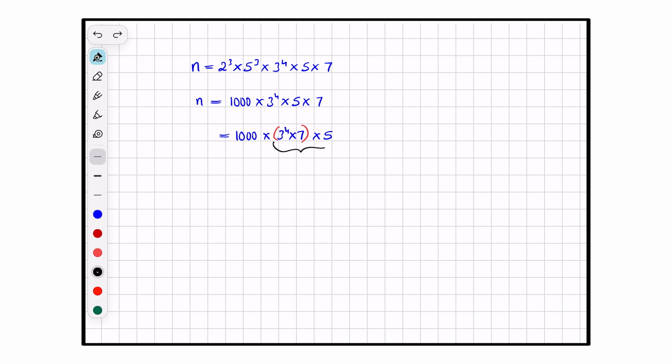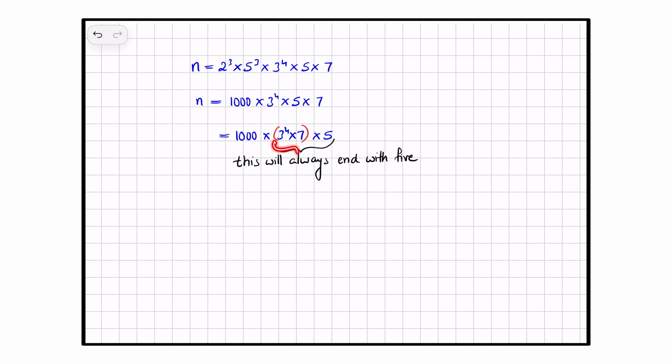This particular value, 3 power 4 into 7 multiplied by 5, is an odd number multiplied by 5, that means this whole number will end with the digit 5. Multiplied by 1000, that means altogether n will have 3 consecutive zeros. So the option is 3, or option B.